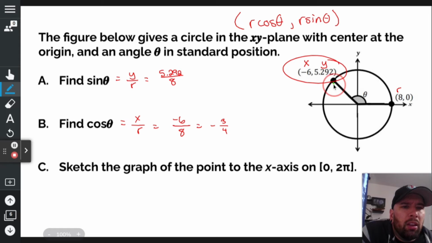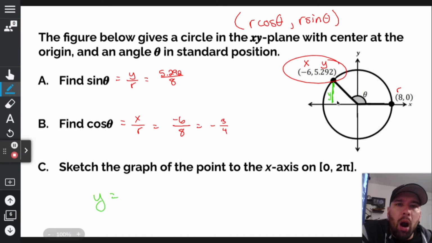This is the point to the x-axis. So I'm looking at vertical displacement here, which is a y value. So y, and maybe now this will finally come in handy. Oh, I know what I'm asking.